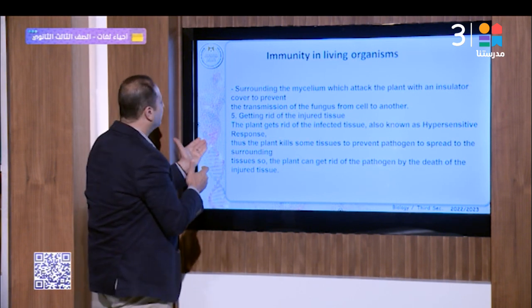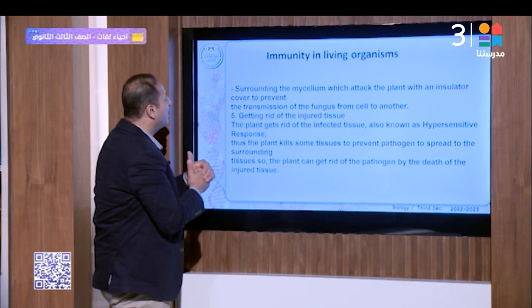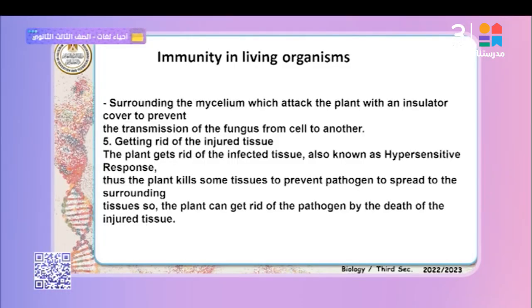Okay, that's right. Thus, the plant kills some tissue to prevent pathogens from spreading to the surrounding tissue. So the plant can get rid of these pathogens by the death of the injured tissue, completely destroying it so the rest stays healthy. Okay, that's right.